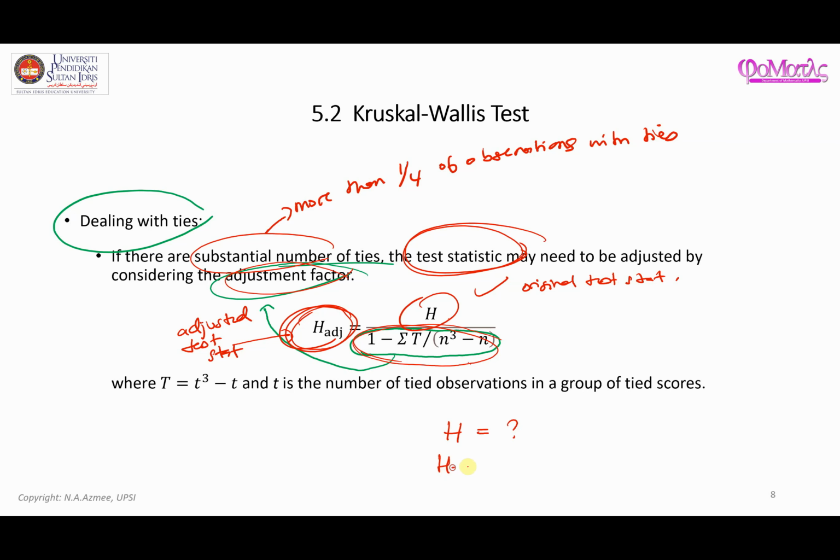You will see that the adjusted value is usually greater than H, because this process somehow inflates the value of the test statistic, so you will always get the adjusted value greater than the original test statistic, without adjustment.